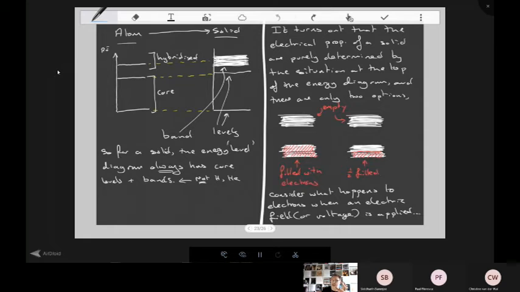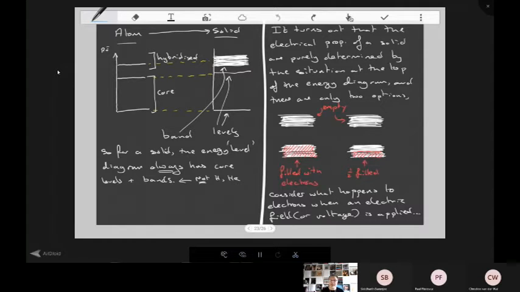So that led us to the idea that in a solid, the hybridized orbitals create bands. And then the final part of this puzzle of how this links to metals is that all you are interested in is the situation at the top of the energy level structure.